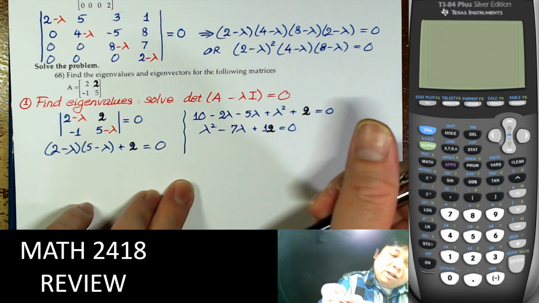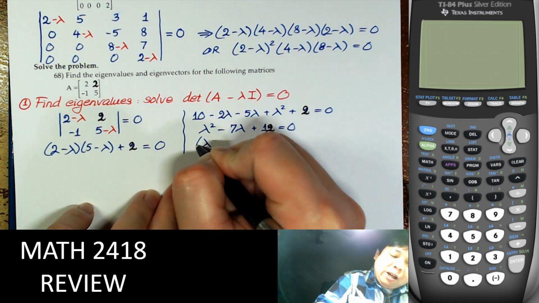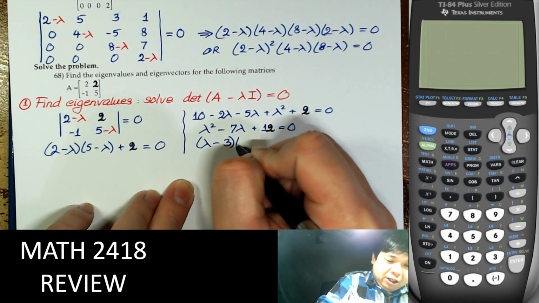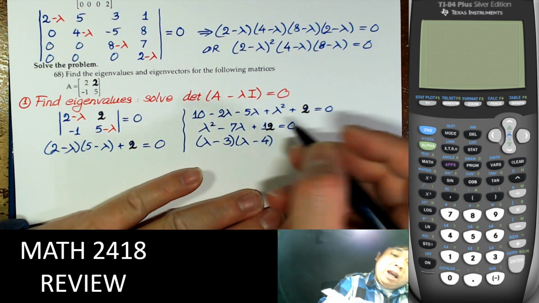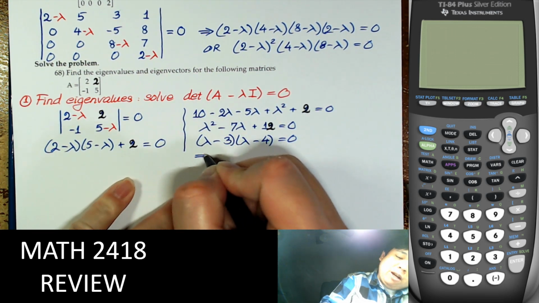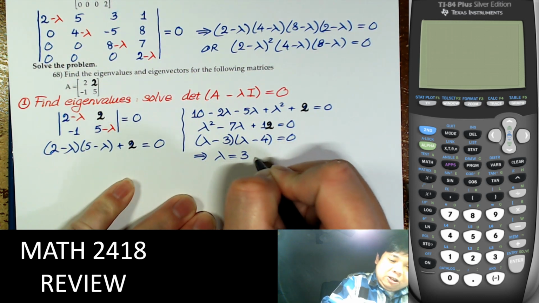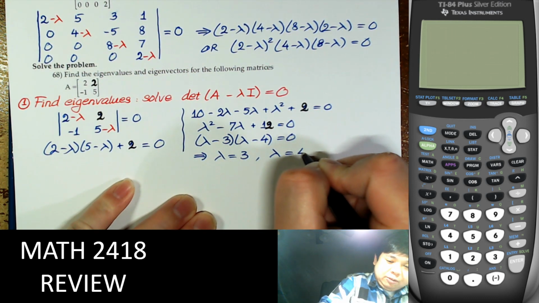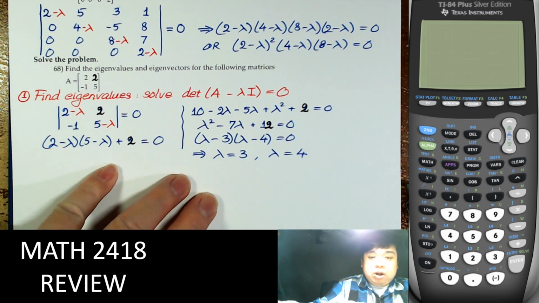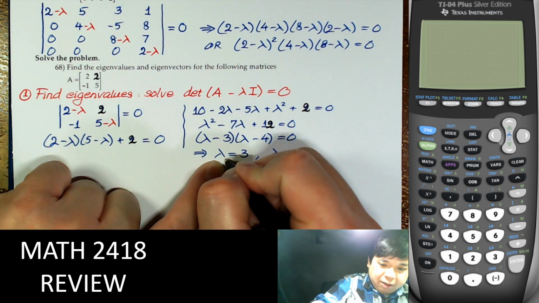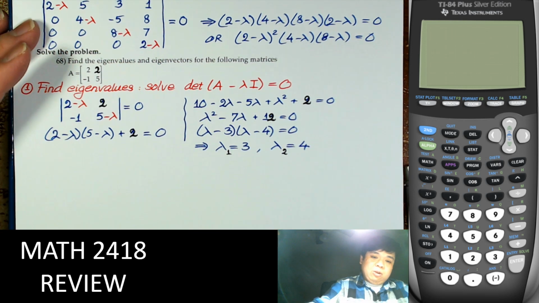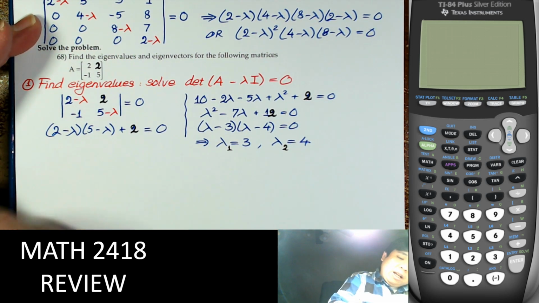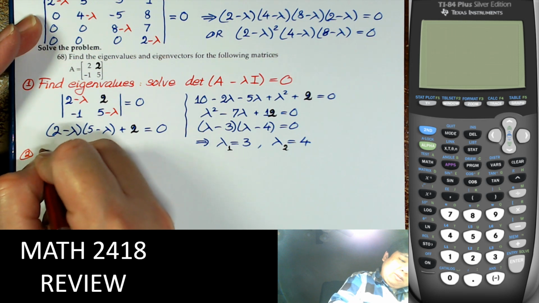We have the factors lambda minus 3, lambda minus 4. That gives us this equation. So from here we have lambda equal to 3 or lambda equal to 4. I will denote lambda 1 to be 3 and lambda 2 will be 4. So we found the eigenvalues. Next we find the eigenvectors.